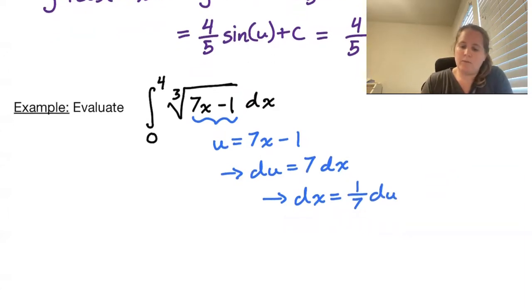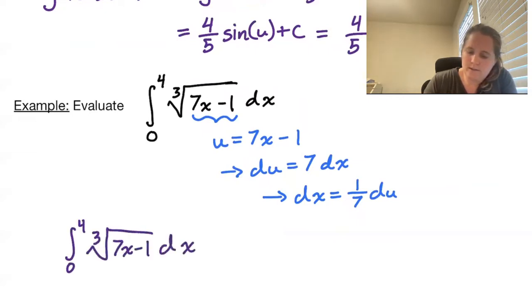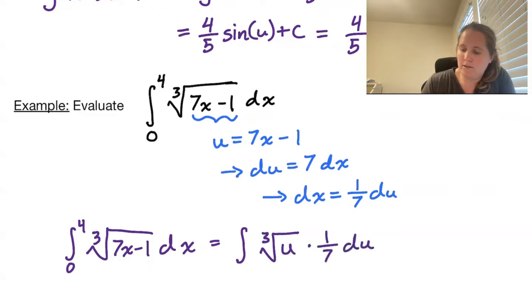And so what we're working with is the definite integral from 0 to 4 of the cubed root of 7x minus 1 dx is the same thing as the definite integral, I'm going to pause a moment before we put in the bounds, but we have the cubed root of u times 1/7 du.